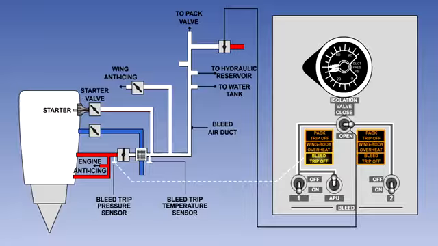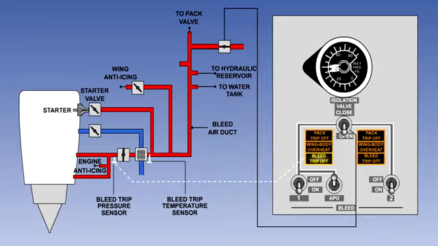A pressure sensor monitors duct pressure upstream of the bleed air valve. In the event of excessive pressure, the bleed air valve will once again automatically close, and the warning light will come on. In the event of either of these faults, the pilot can restore the system by opening the isolation valve, allowing the air from one engine to operate the entire system.